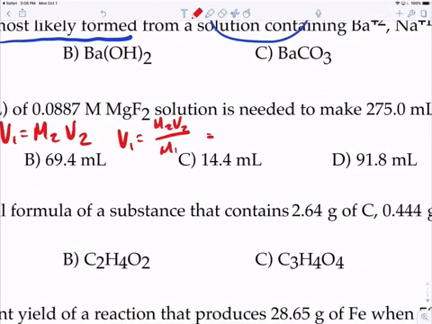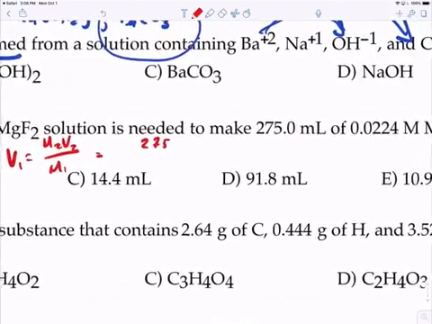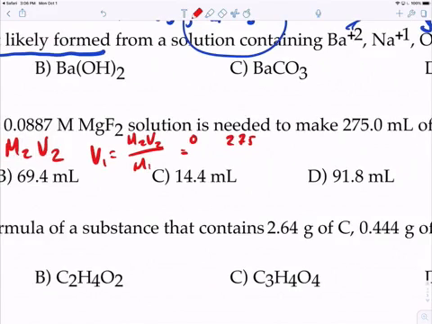M2, so 750 times 0.0224, over 0.887. Oh, too many zeros.